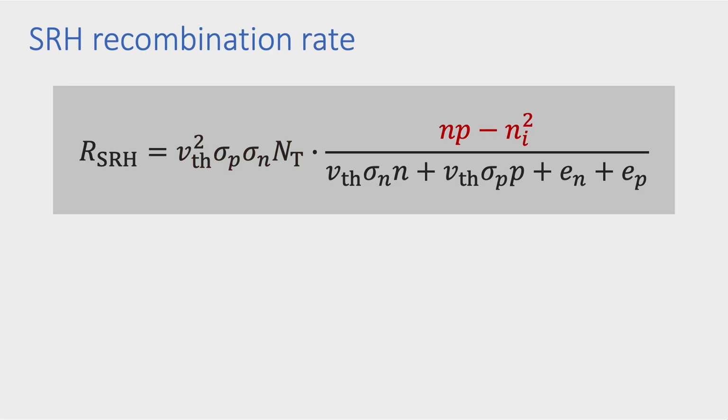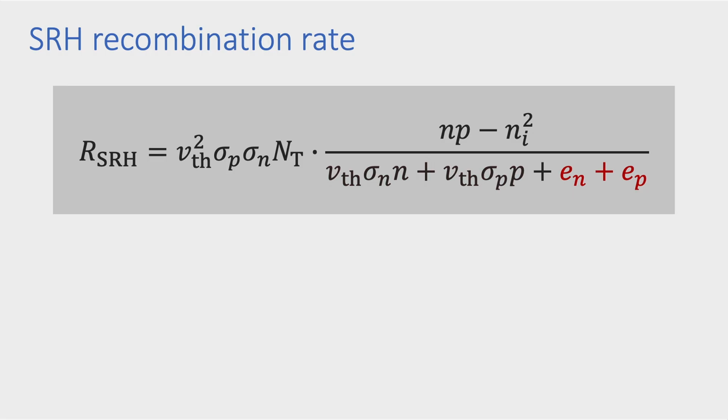The numerator expresses the probability of recombination, which is dependent on the free charge carrier concentration. In fact, this dependence is the same as for radiative recombination. The first two terms in the denominator indicate the occupancy of the traps. After all, when a trap is occupied, it cannot capture another charge carrier of the same type.